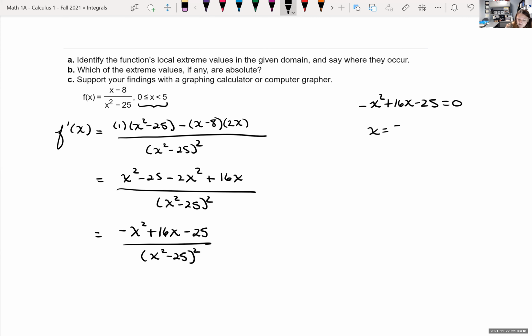So negative b, negative 16, plus or minus the square root of 16 squared, minus 4 times a, which is negative 1, times c, which is negative 25, all over 2 times negative 1.